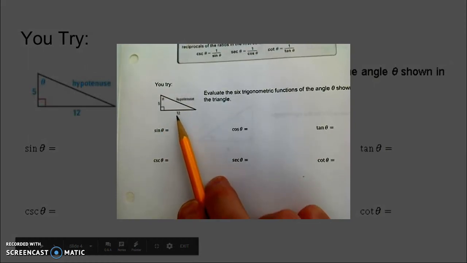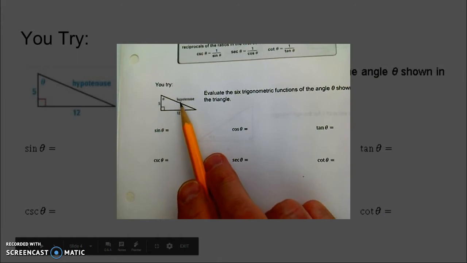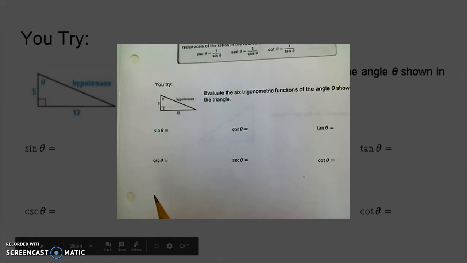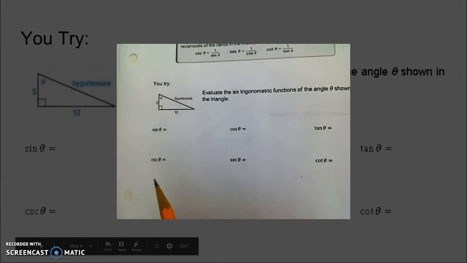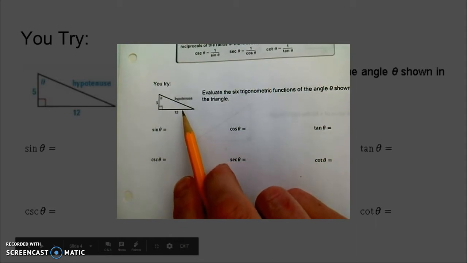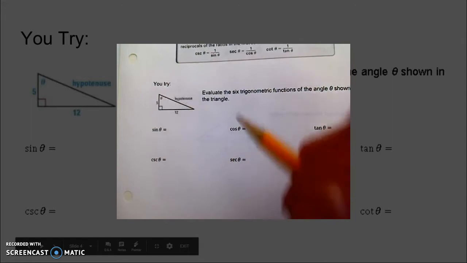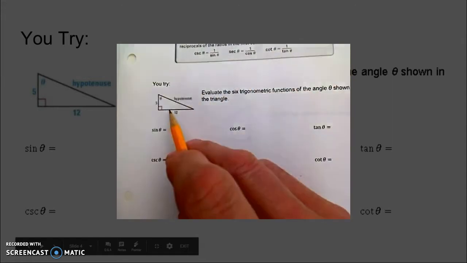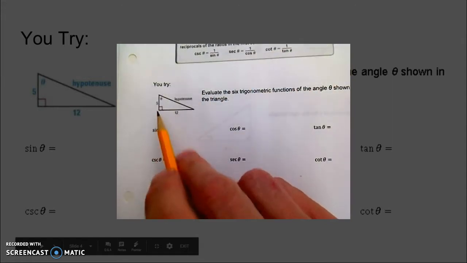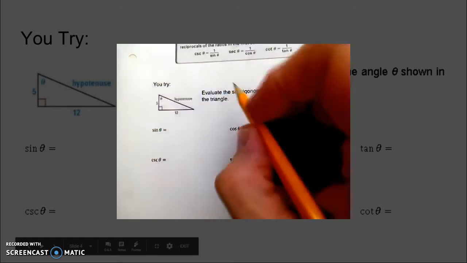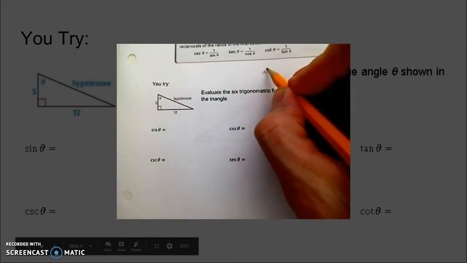And we're given one side length as 12, the other is 5, and then the hypotenuse is just labeled hypotenuse. So a couple of things. If we're going to take ratios, we need to know the length of the hypotenuse. So before we can begin, we need to find that length. It's a right angle triangle. I know the lengths of 2 sides. I can find the third using Pythagorean theorem.